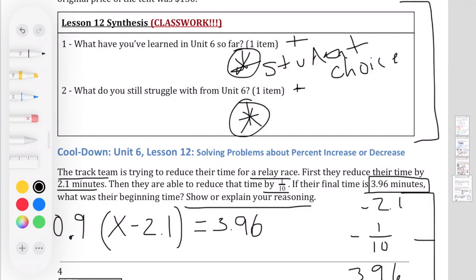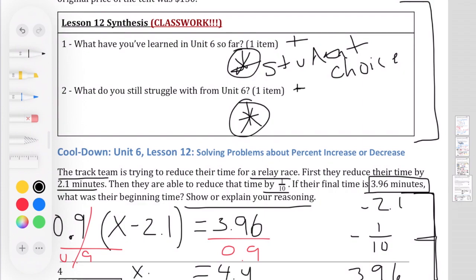So we took these three pieces of key information and we were able to plug them into an equation. From there, I went ahead and divided both sides by 0.9, and 3.96 divided by 0.9 is equal to 4.44.